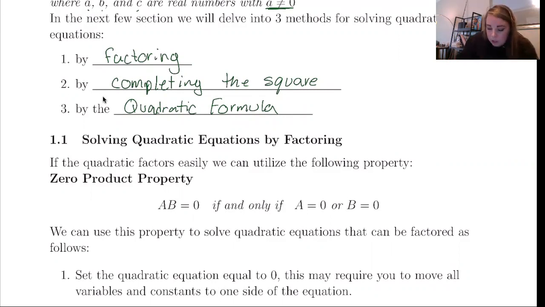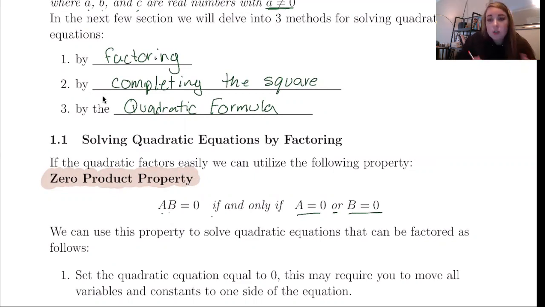So if the quadratic factors easily, we can utilize the following property. This is a really big property. This is called the zero product property. So if I have A times B equals 0, so something times something equals 0, that's only true if and only if A equals 0 or B equals 0. I'm assuming A and B are not equal, so only one of them can be 0 at a time.